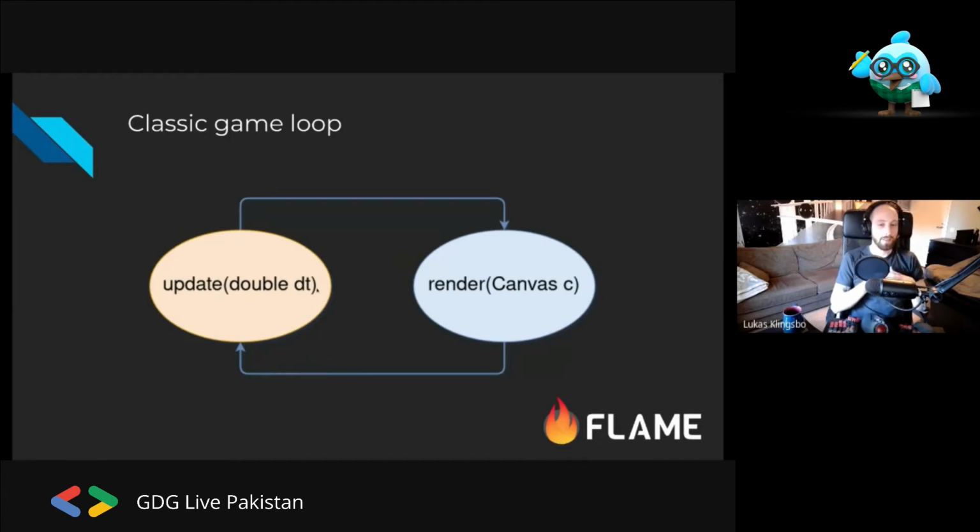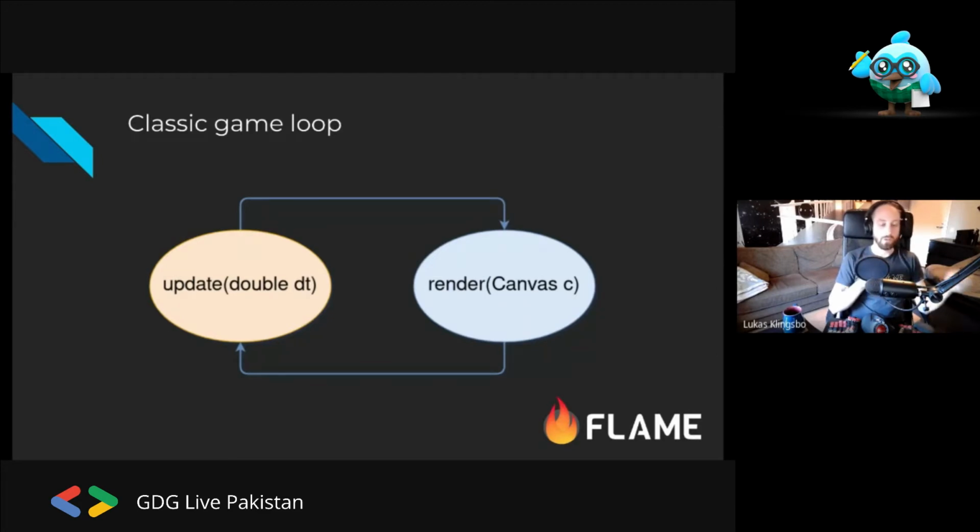DT stands for delta time, and that is the time that it has taken since the last update. Because if you don't take this into consideration, if you, for example, have a slower device, then your game will be easier to play because your enemies will move slower and things like that.